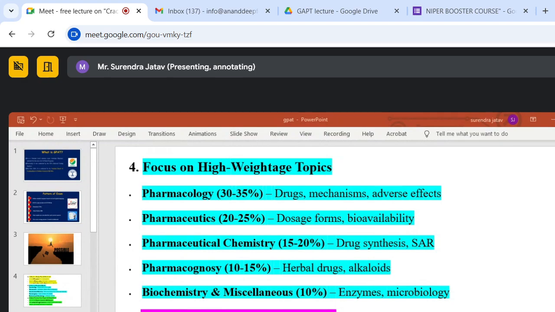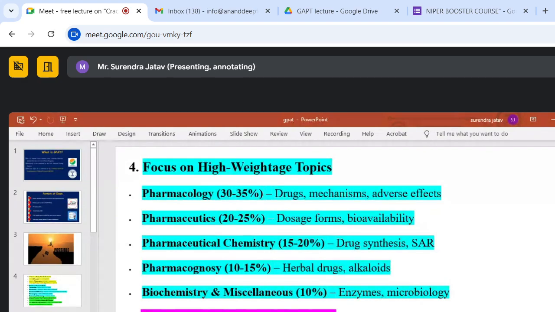In pharmaceutics: dosage forms, bioavailability. In chemistry: drug synthesis, SAR, mode of action. These are generally the subtopics. If we talk about pharmacognosy: herbal and alkaloids, biochemistry, enzymes and microbiology. These are basically the weightage subjects.